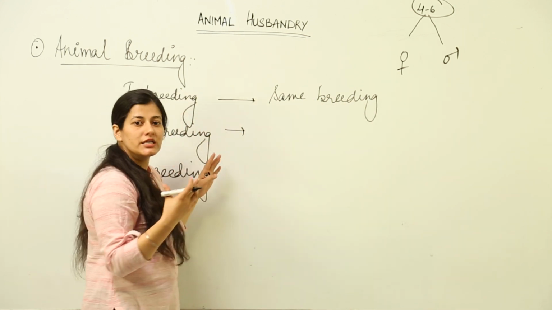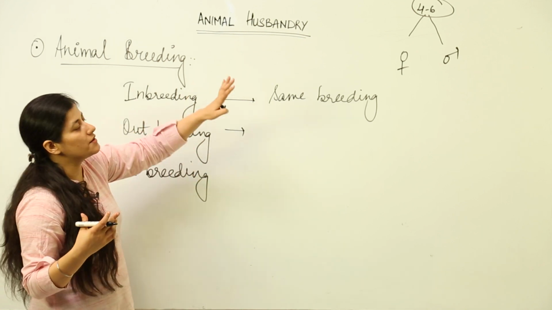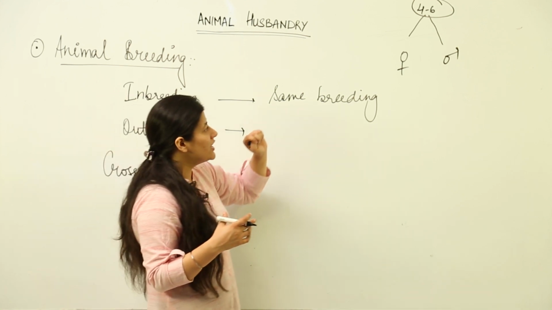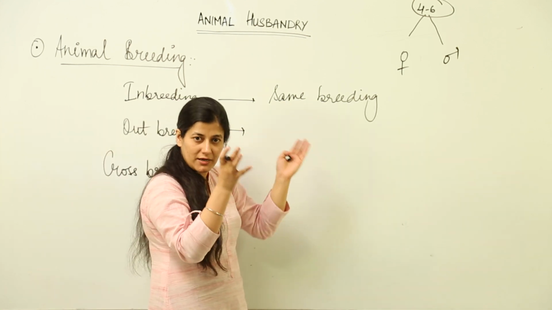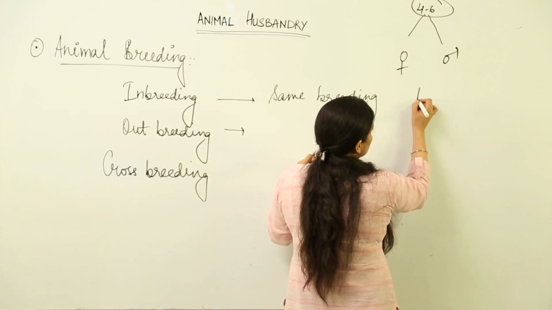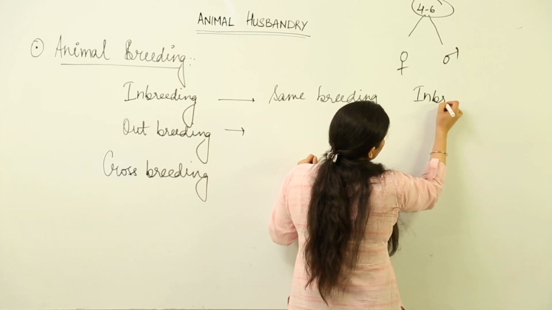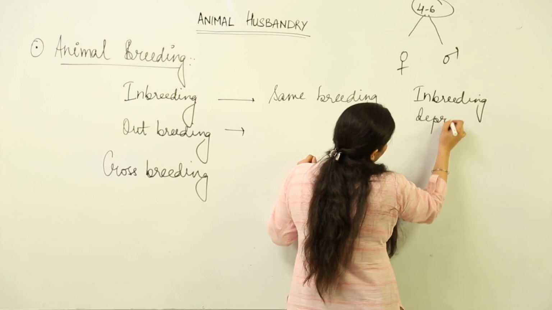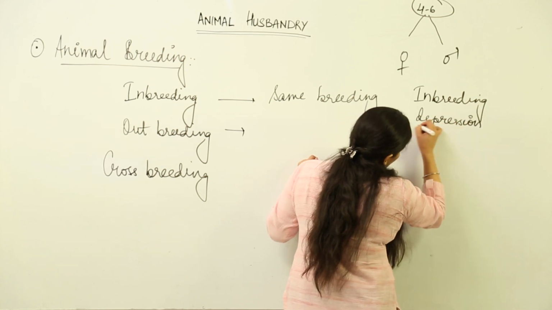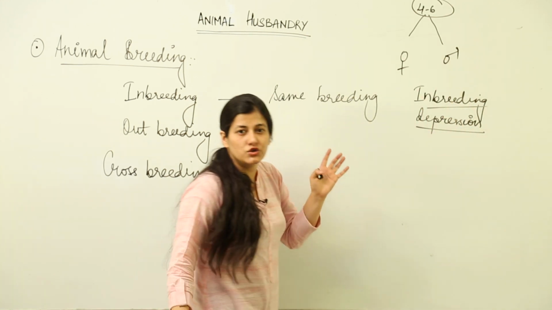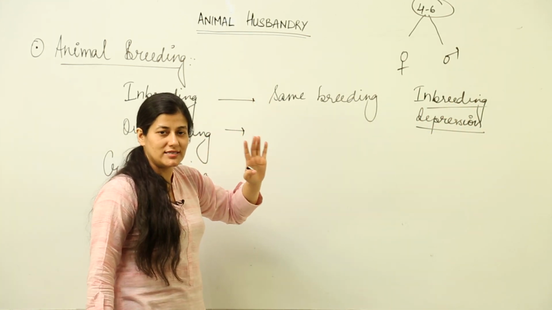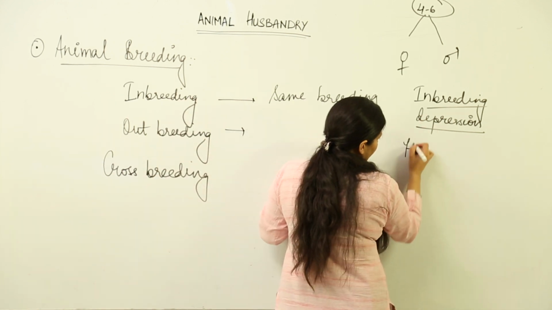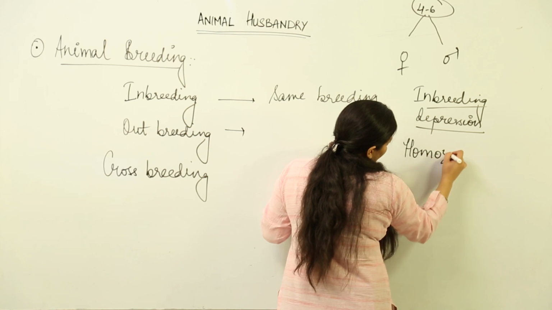Now, this inbreeding is beneficial if the superior male and female are taken into consideration. But with time, if the same breed animals are bred time and again, it leads to inbreeding depression. What is inbreeding depression? Take your memory back to genetics, where we said that more and more pure line crosses lead to homozygosity.